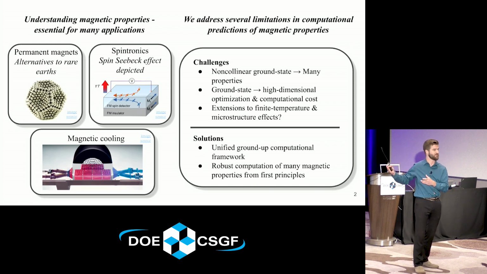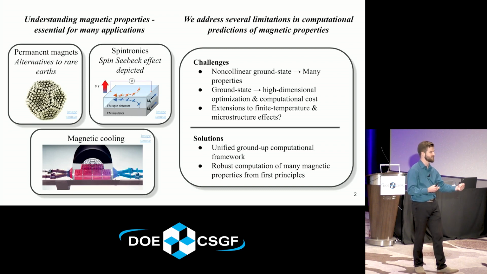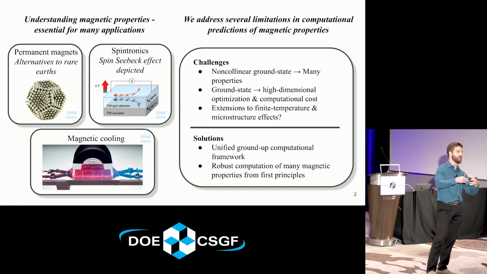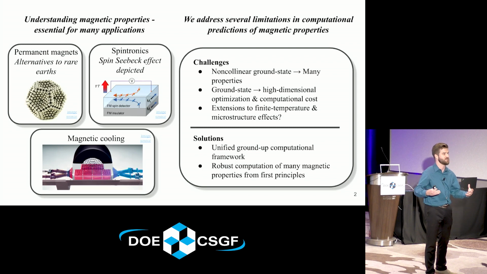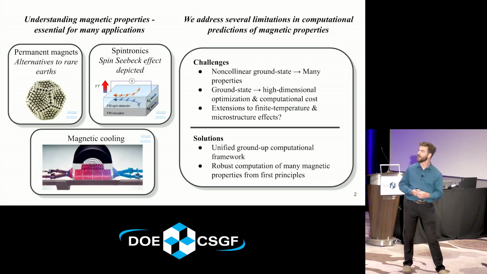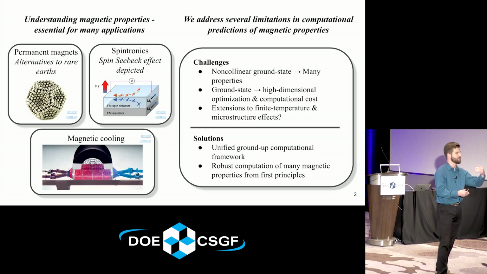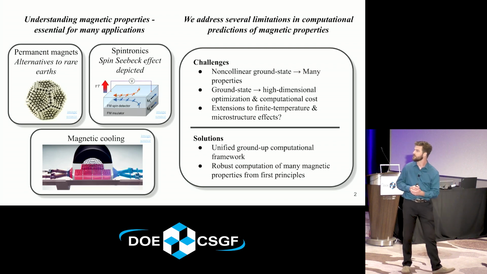But non-collinear DFT is much more computationally expensive, and actually optimizing and finding the magnetic ground state is a very large dimensional optimization problem. And finally, DFT is fundamentally 0 Kelvin. So how do we extend our models from DFT to finite temperatures and possibly accommodate for hysteresis effects?